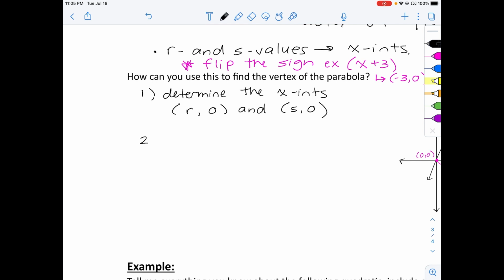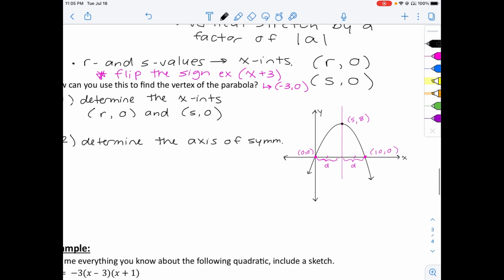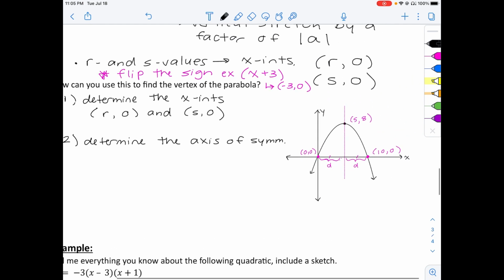Then once you find those x-intercepts, you can determine the axis of symmetry. I'm not going to write the whole word because it's too long. Because I know that the distance here has to be equal, I can say that the axis of symmetry is the middle point, or the average, the halfway point between my x-intercepts.